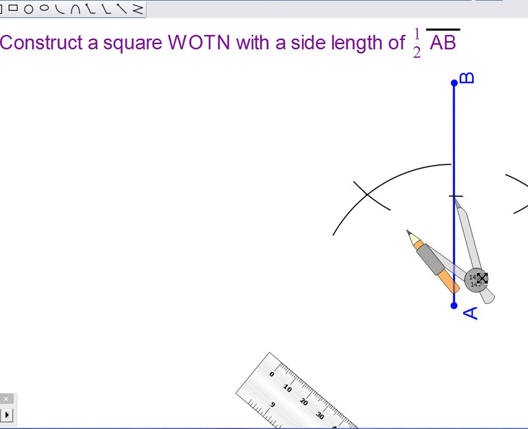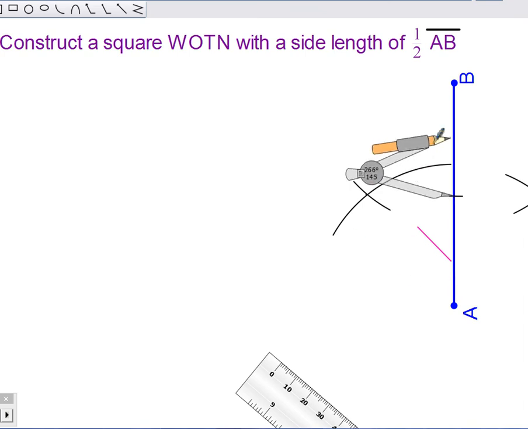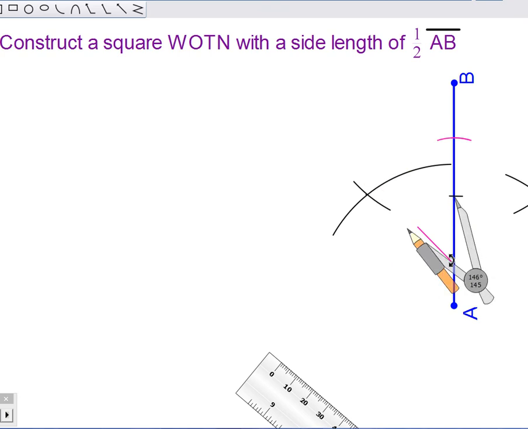So now what we want to do is let's do different colors so we can see. Make a little arc right here. And move it around. Make a little arc right here. Sorry, that was a scribble. Okay, so we've made the two arcs on either side of this one corner.